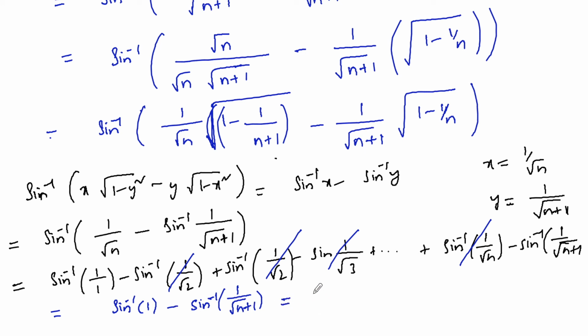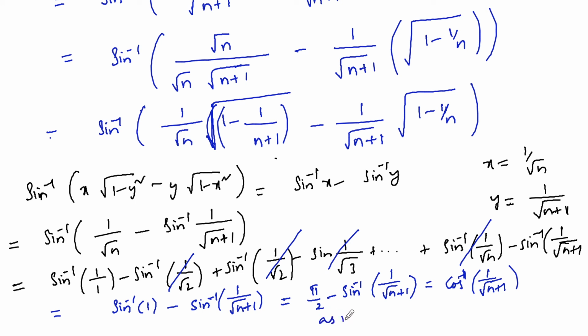Which equals, sin inverse 1 is pi by 2, pi by 2 minus sin inverse of 1 upon root of n plus 1, which equals cos inverse of 1 upon root of n plus 1. And since sin inverse x plus cos inverse x is equal to pi by 2, we can use it.